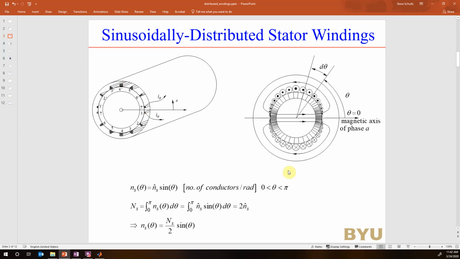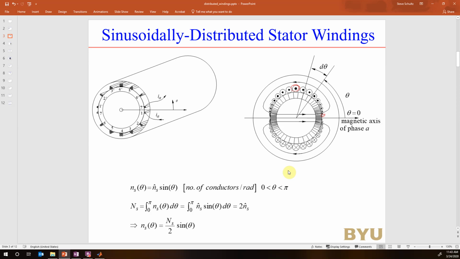If we look at this as a cross section, you can see that the size of the wire is indicative of the number of windings. We have small circles here, which means a very small number of windings, and large circles here that correspond to a large number of windings.